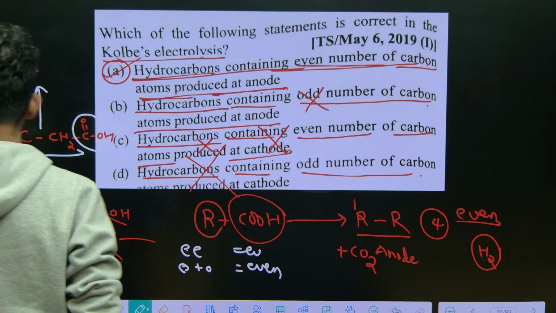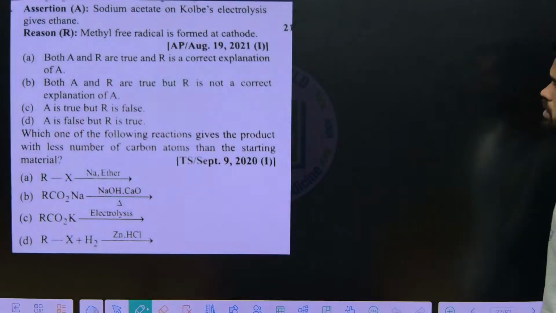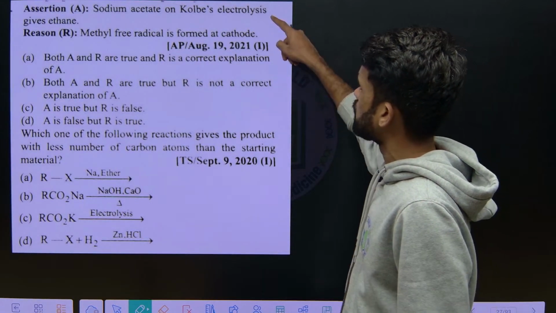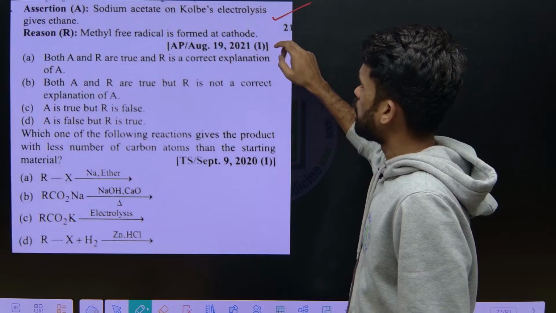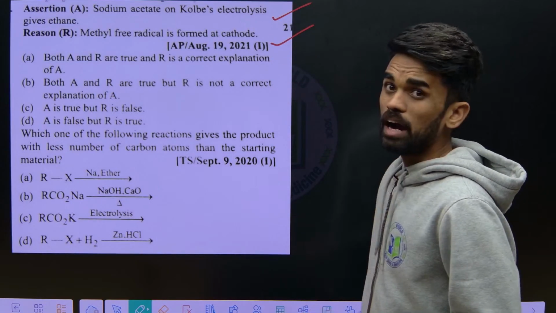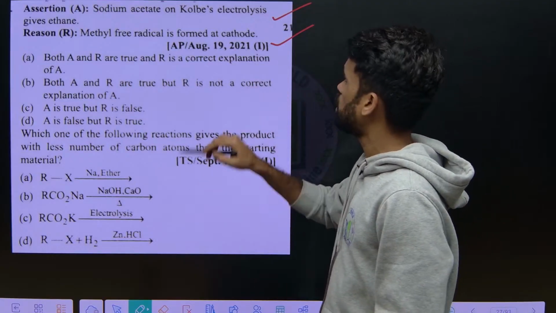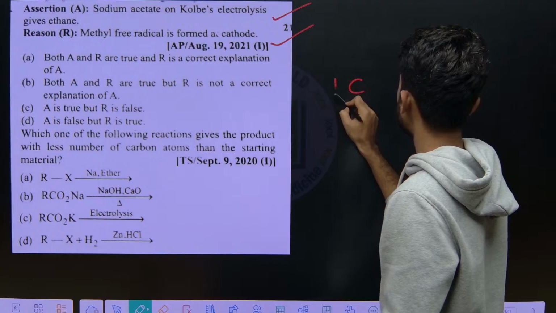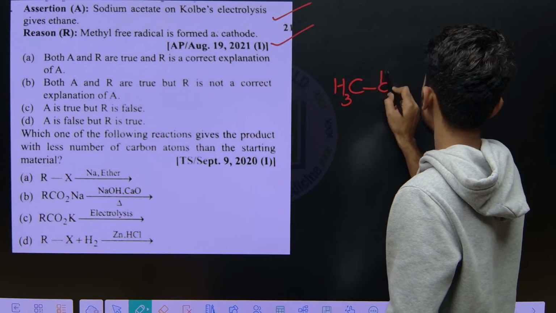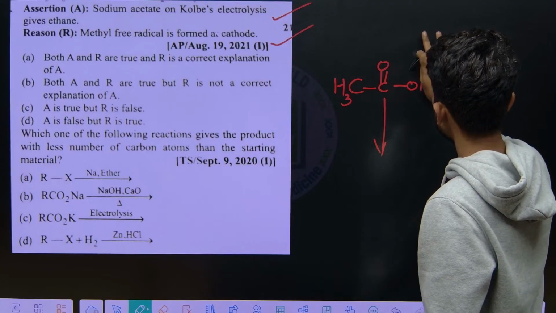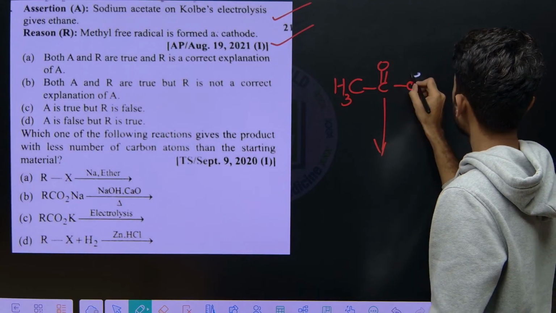And the next, one more question I wanted to show here: sodium acetate on Kolbe electrolysis gives ethane, and methyl free radical is formed at the cathode. Now what I told you, hydrocarbons are formed at the anode. So first of all, if I take sodium acetate, you just add here O minus Na plus.